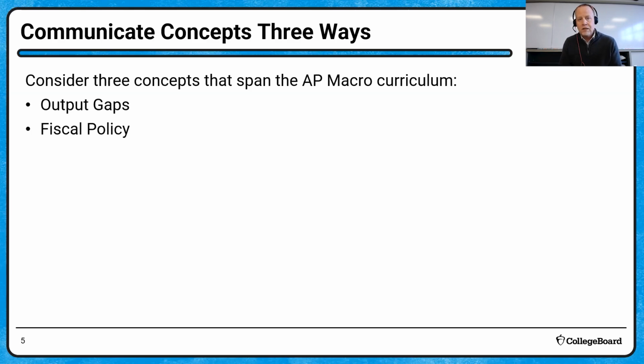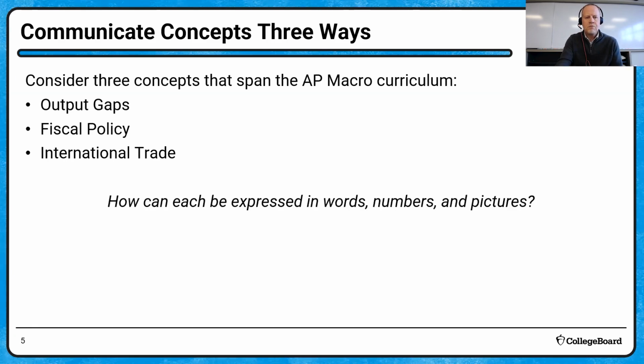We're going to look at fiscal policy, stabilization policy, one option for what governments can do if they look to stabilize the economy. And then we're going to look at international trade and theories of international trade and work our way through some opportunity cost related comparative advantage type questions. And again, see how they are expressed in different ways. Ultimately, the theme today is how can each of these three concepts be expressed three different ways: words, numbers, and pictures. So have that in mind and let's get going.